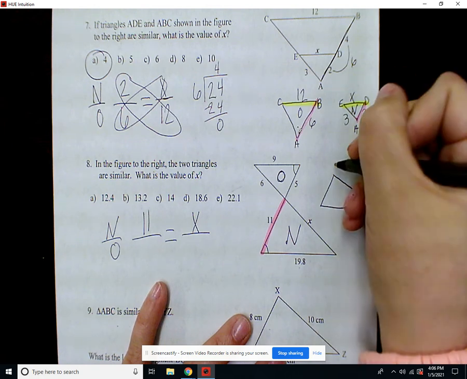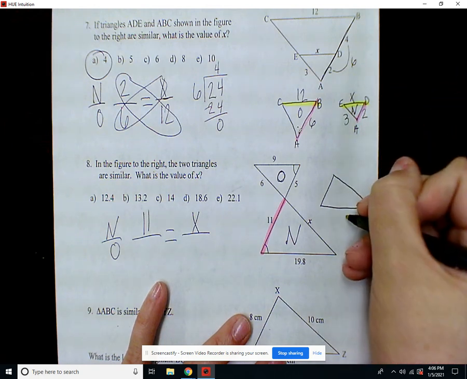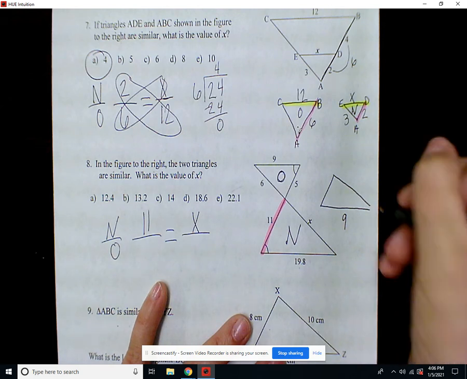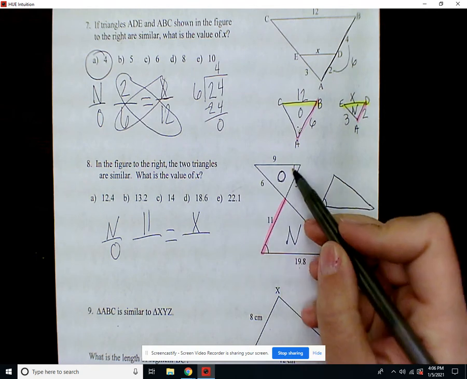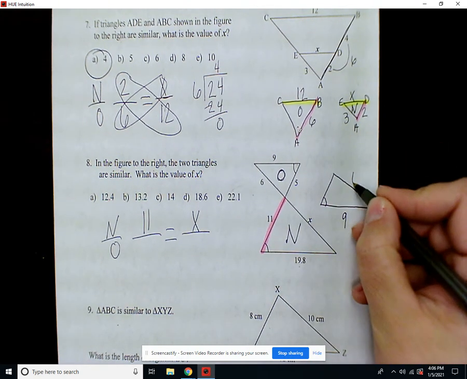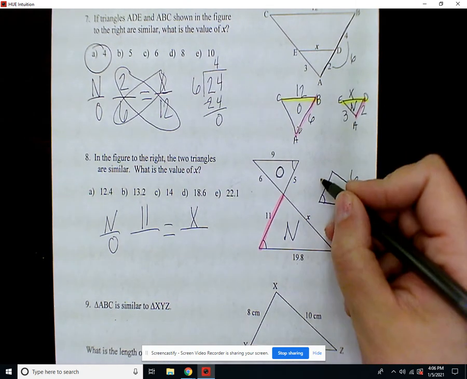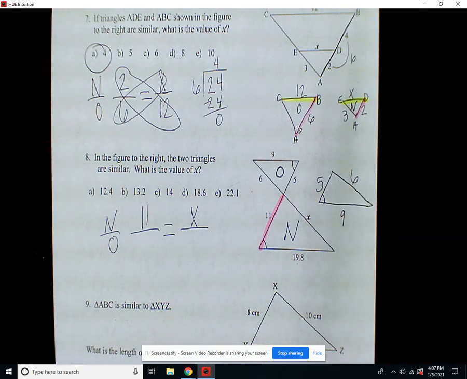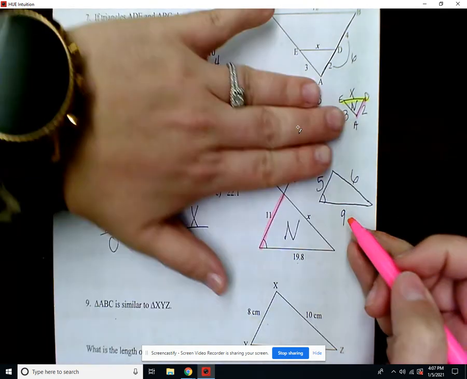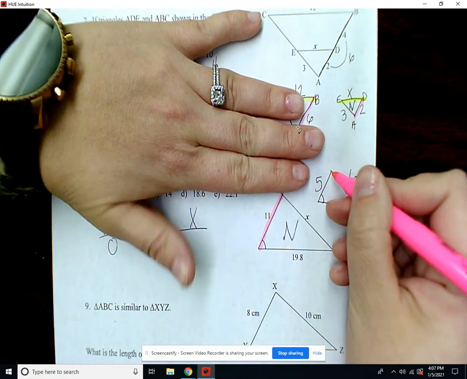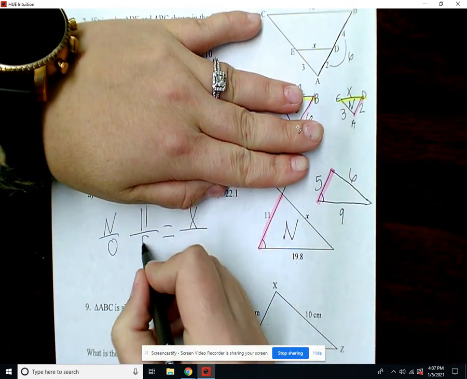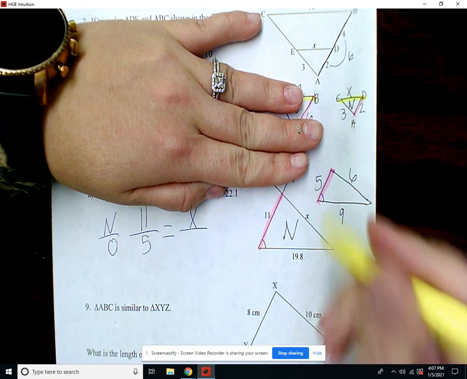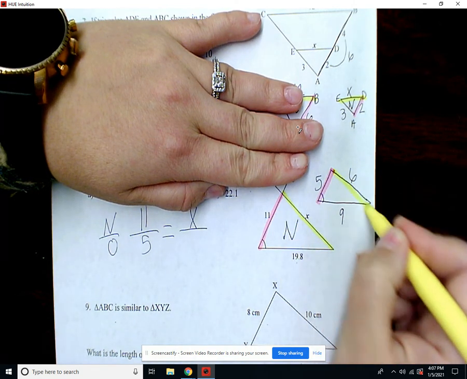So we have 9, and then over here, across from this angle with the little curve is going to be 6, and then we have 5. Okay. So now it looks a little bit easier to find its corresponding sides. So 5 goes with 11, and then with x, we have 6.